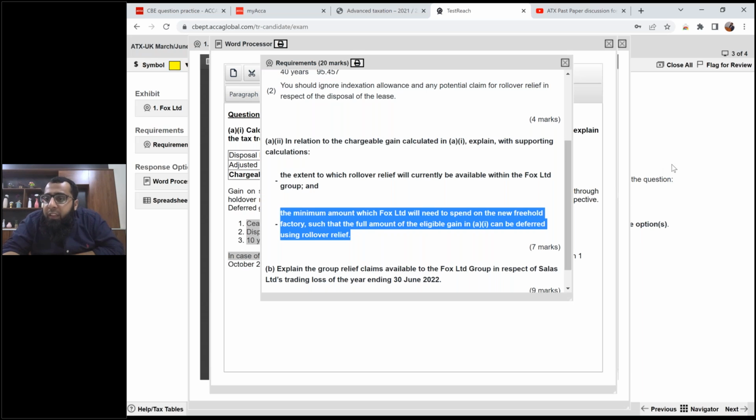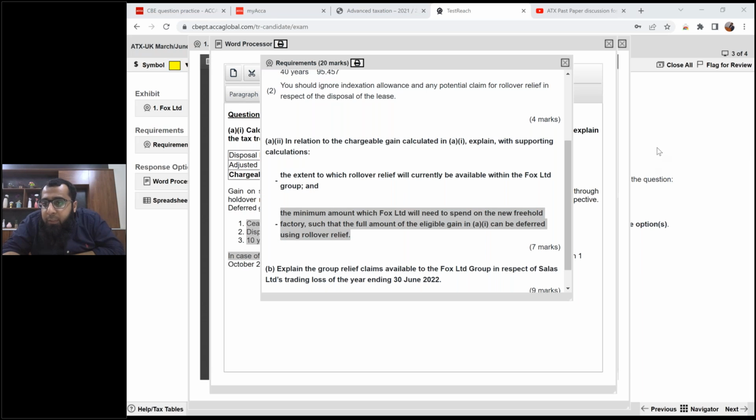Okay, sir, if investment is made within the group, then that is not eligible for rollover. The rollover investment is one where one of the group companies purchases the asset from outside the group.